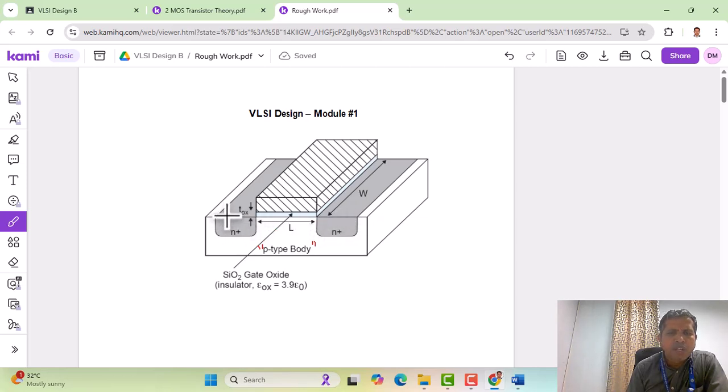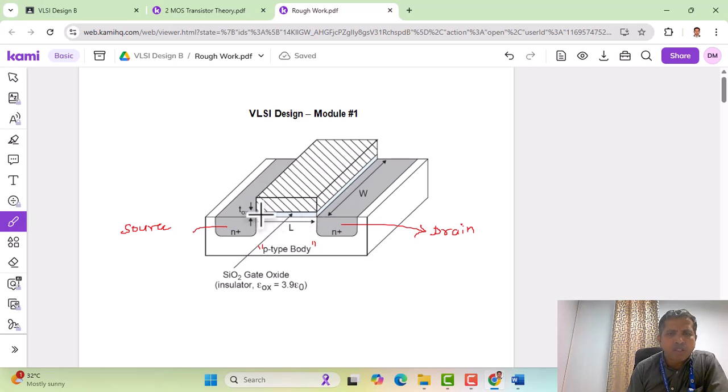One of them forms the source region, and the other diffused N plus can be called the drain region. And connecting the source and the drain region, there is a layer which is deposited here.